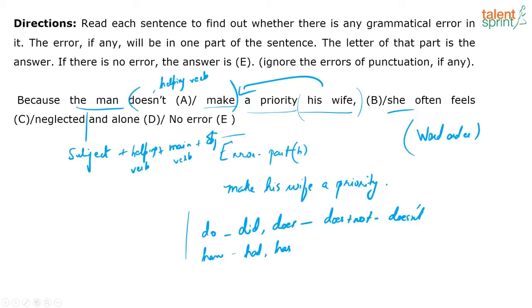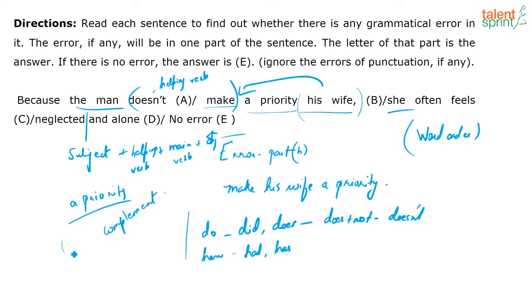A priority is just a, in this context, a priority is what? The man doesn't make his wife a priority. In fact, his wife a priority is again more of a complement, completing the meaning of the context, right? The man doesn't make his wife what? A priority.